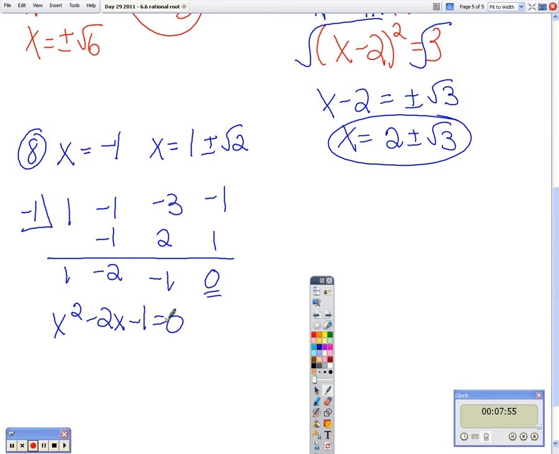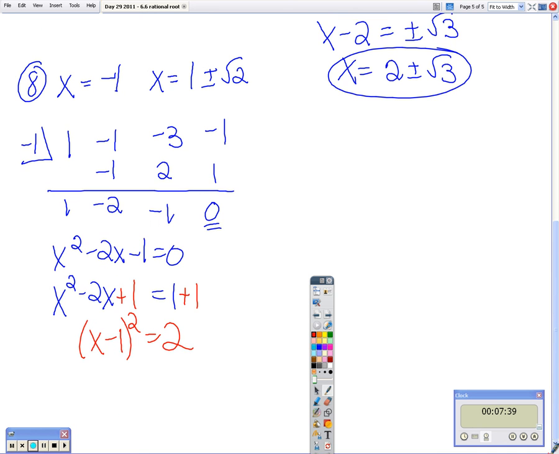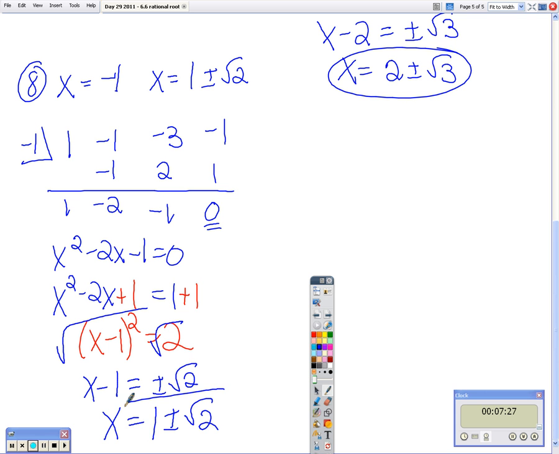This does not factor, so I'm going to complete the square again. Half of -2 squared is 1. So I have x minus 1 squared equals 2. Square root both sides. So x minus 1 equals plus or minus the square root of 2. So my last 2 zeros, x equals 1 plus or minus the square root of 2.